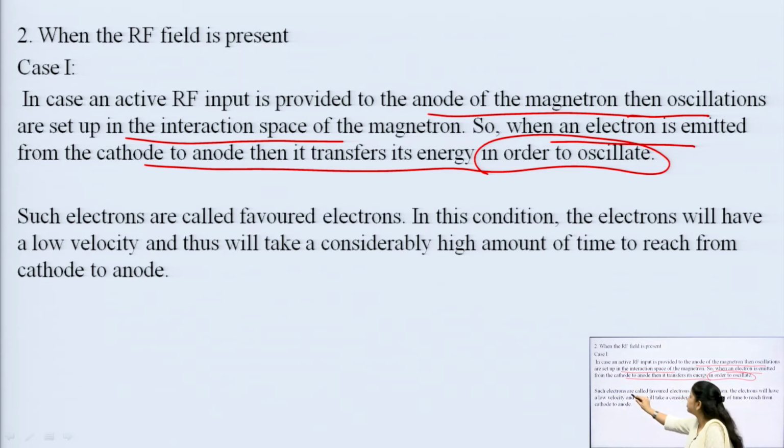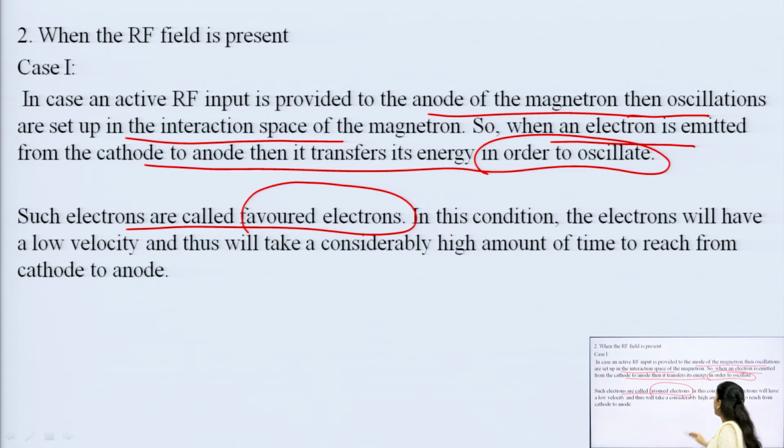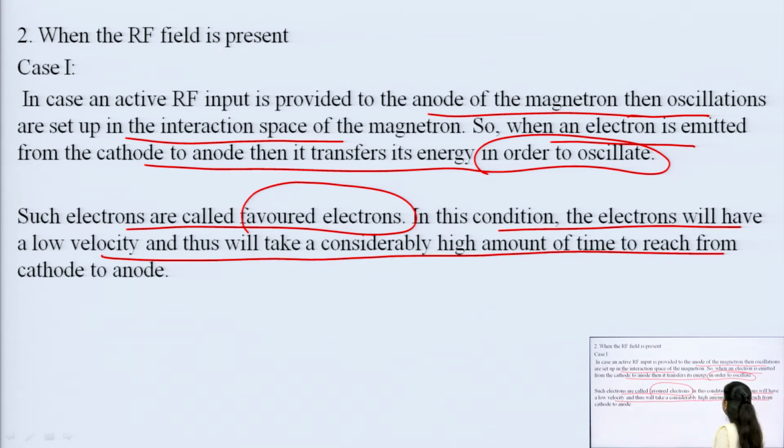Remember, this point is important here: the electrons which transfer their energy to the RF signal in order to oscillate are called favored electrons. In this condition, the electron will have a low velocity and will take a considerably high amount of time to reach from cathode to anode.